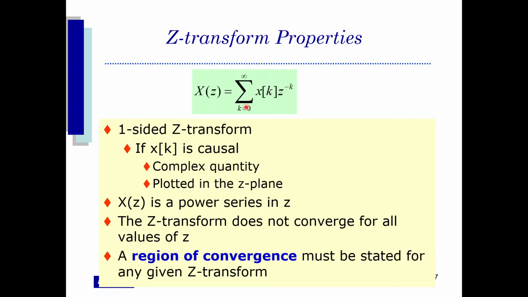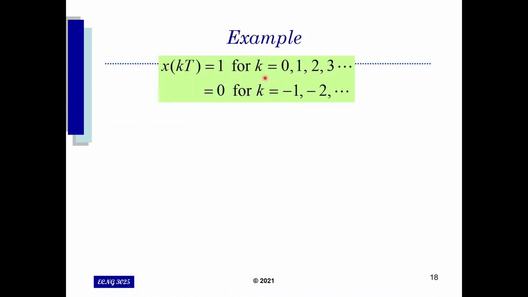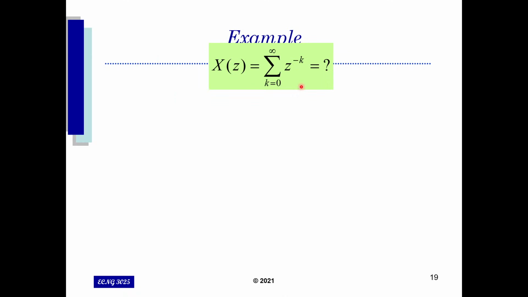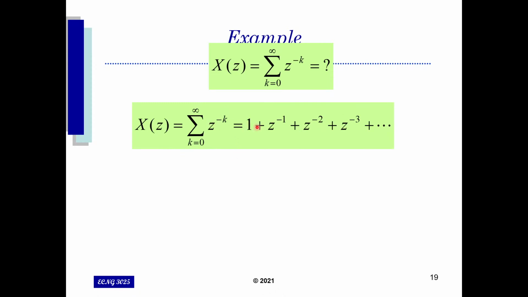X of k here, because it's going between 0 and positive infinity by our equation, is just going to be 1. So when we plug this in, we just have the z to the negative k part in our summation series. If we expand this out, it's going to be 1 plus z to the negative 1 plus z to the negative 2, and keep on going in negative powers of z.